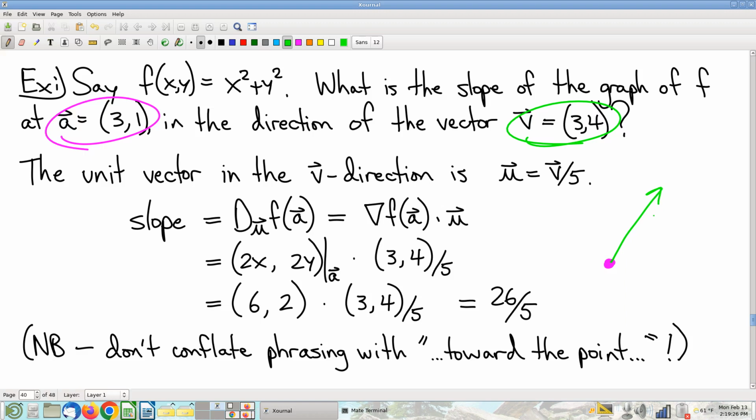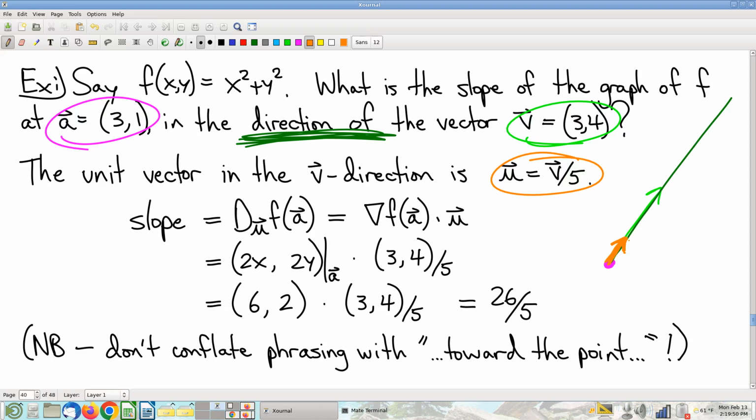I want to go in the direction of that vector. So I want to go that way as indicated by that vector. And of course I had to take that and divide by the magnitude to get the unit vector pointing in that direction, because that's how we describe directions. So that's kind of what we did.